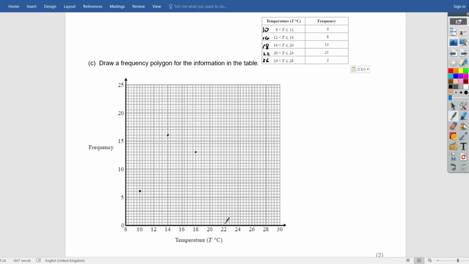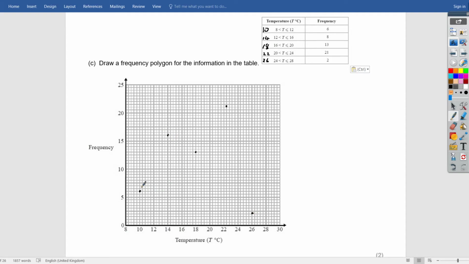That's going to have a frequency of 21, so 21 is going to go at 22, and we're going 20, so 21 is about here. And then the last one is 26, and we're going up to 2, so that's 1 and 2.